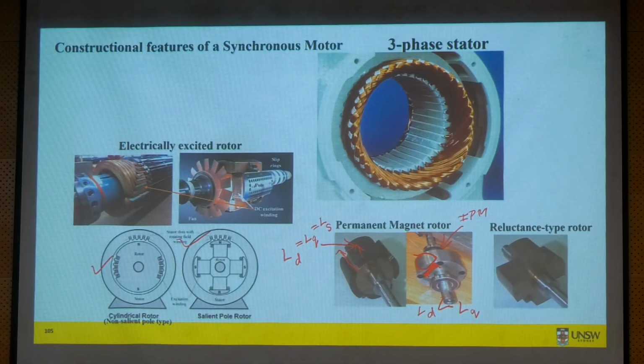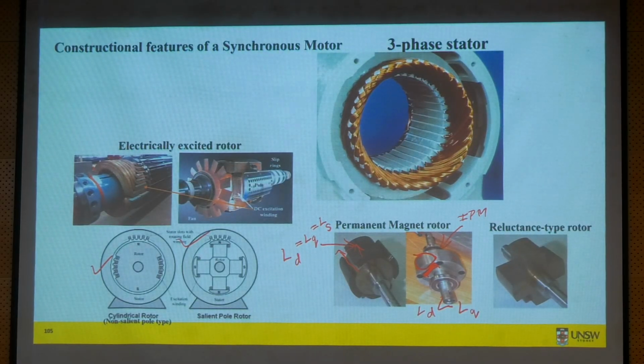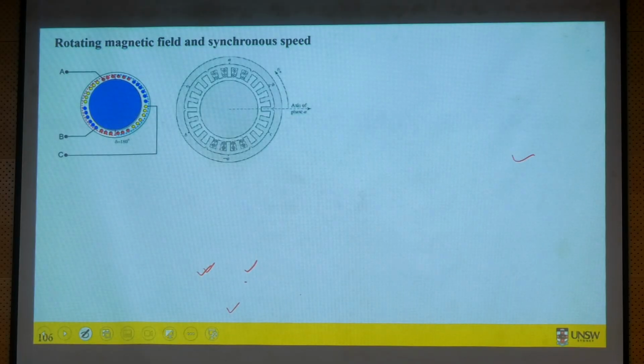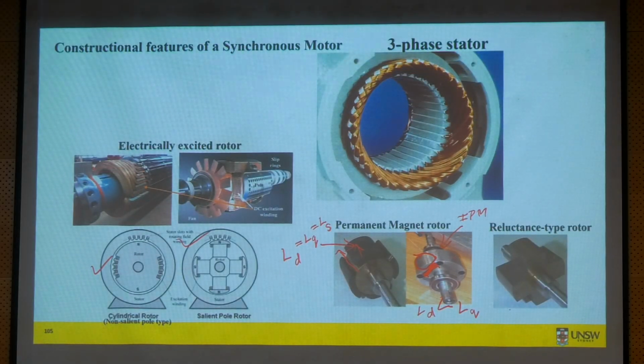In the case of a reluctance motor, same. This is because the structure is like a salient pole. So you will have LD not equal to LQ. And in a reluctance machine, it depends on how you define your DQ axis. You can define the DQ axis the same way as a conventional synchronous machine, then we will say LQ is smaller than LD.